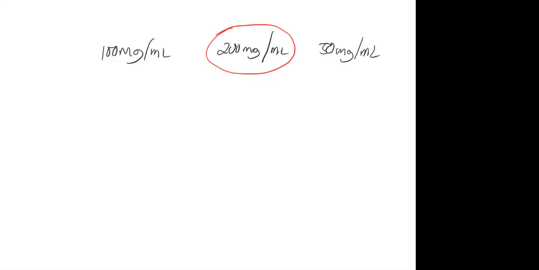The highest concentration is, so let me draw out three numbers, and you tell me which one is the higher concentration. 100 milligrams per milliliter, 200 milligrams per milliliter, and 50 milligrams per milliliter. Which one's the highest? The highest is going to be 50 milligrams. No, excuse me, the highest is going to be 200 milligrams per milliliter. Correct. So it's the quantity per milliliter.